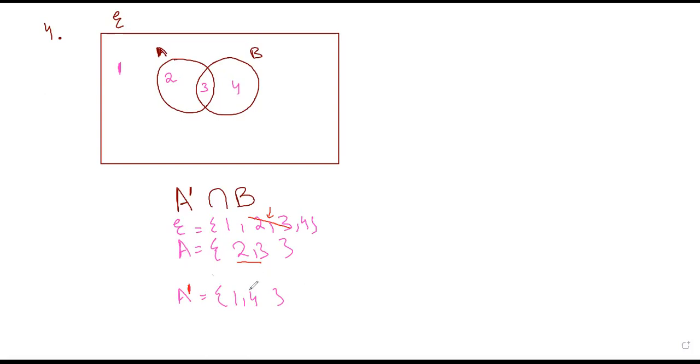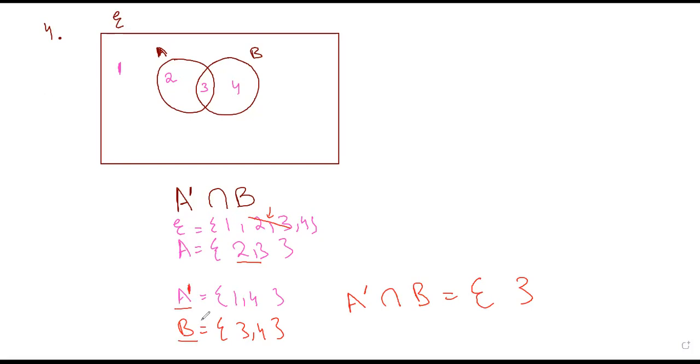So in A complement we have 1 and 4, and in set B we have 3 and 4. In A complement intersection B, what will we have? Who's going to tell me? This is A complement, this is B. 4.